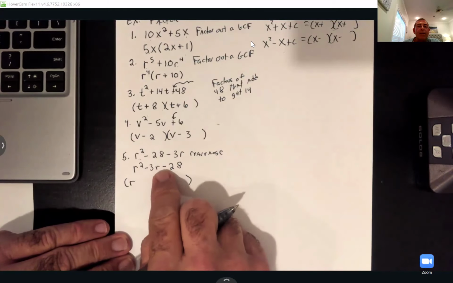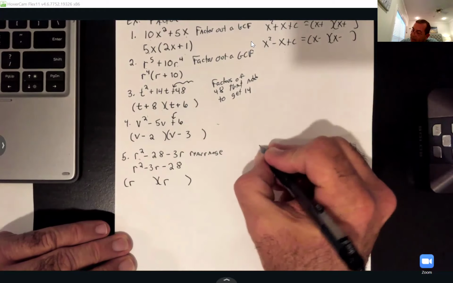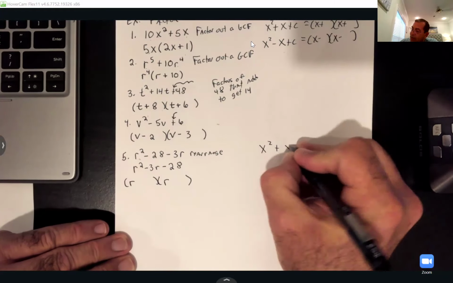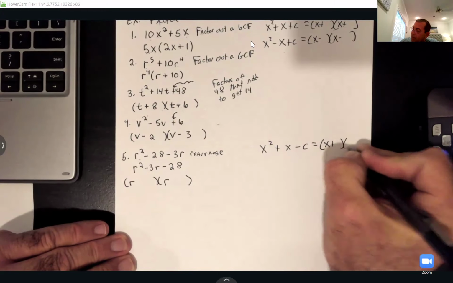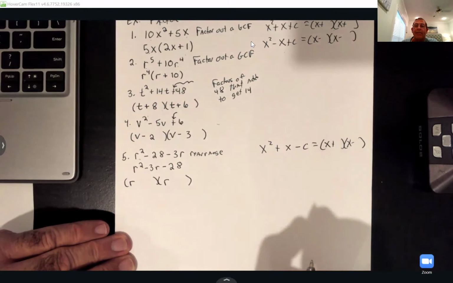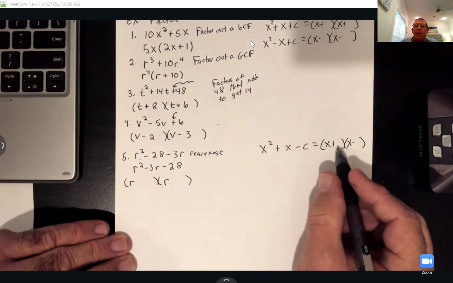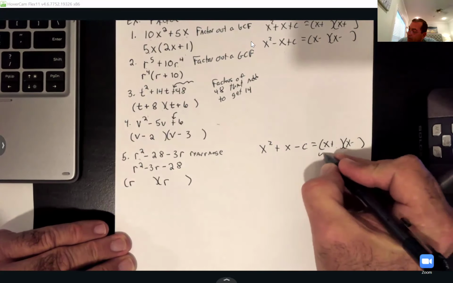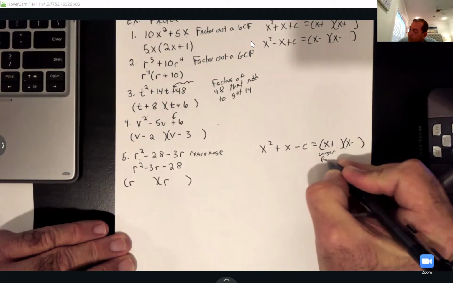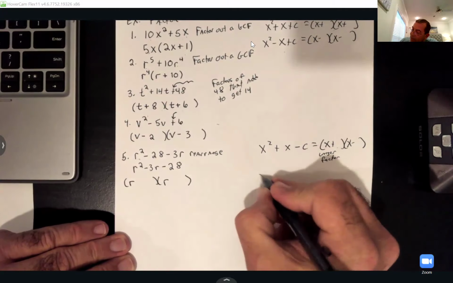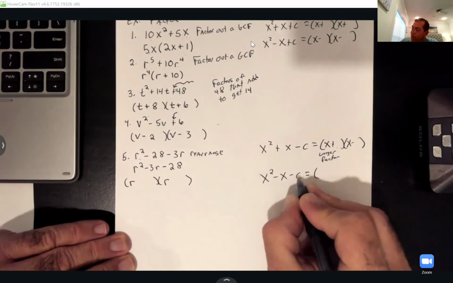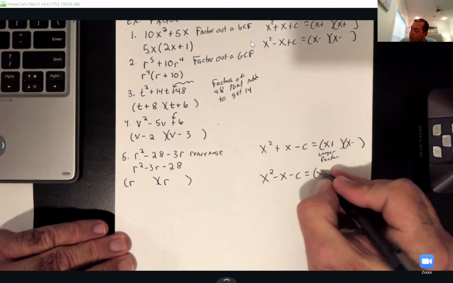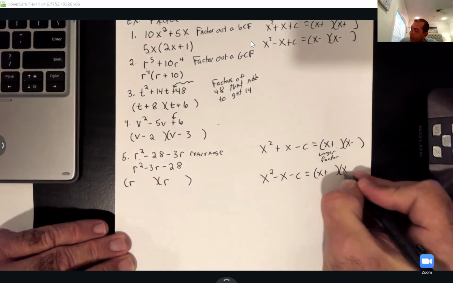So y'all, here's the patterns when it's negative at the end. So x squared plus x minus c. Well, one will be positive, one will be negative. The larger factor is positive. So what if they're all negative? Well, that last one's still negative, so you got one of each sign.